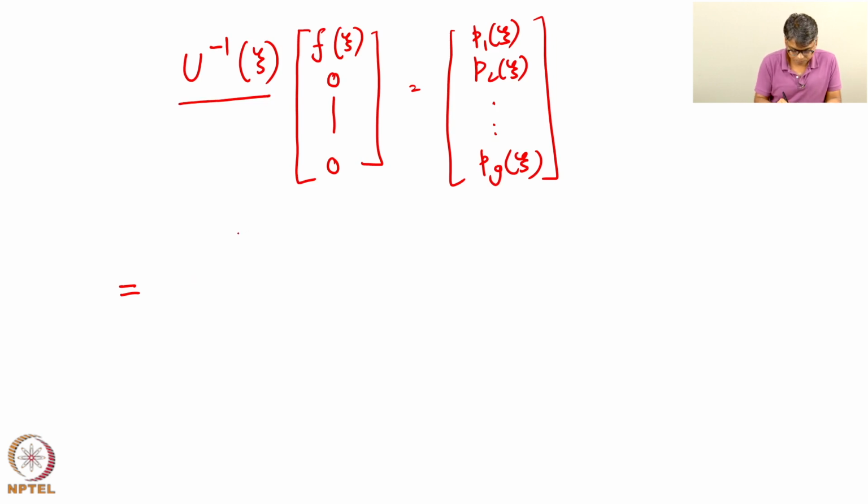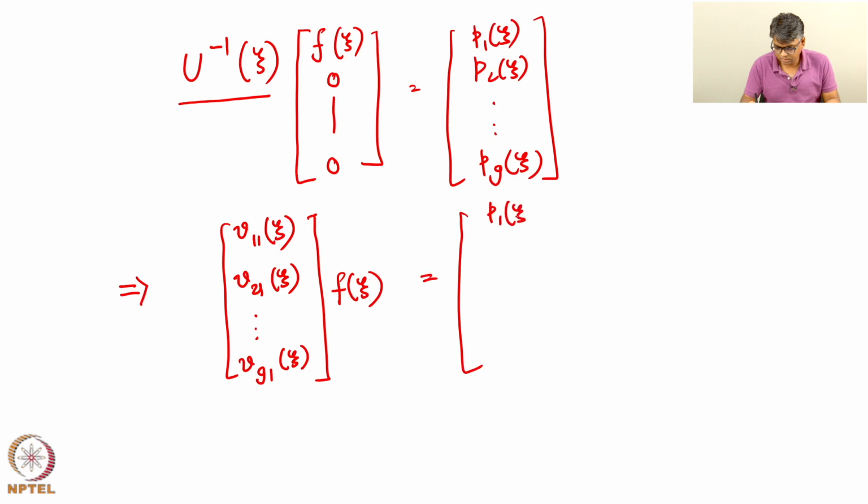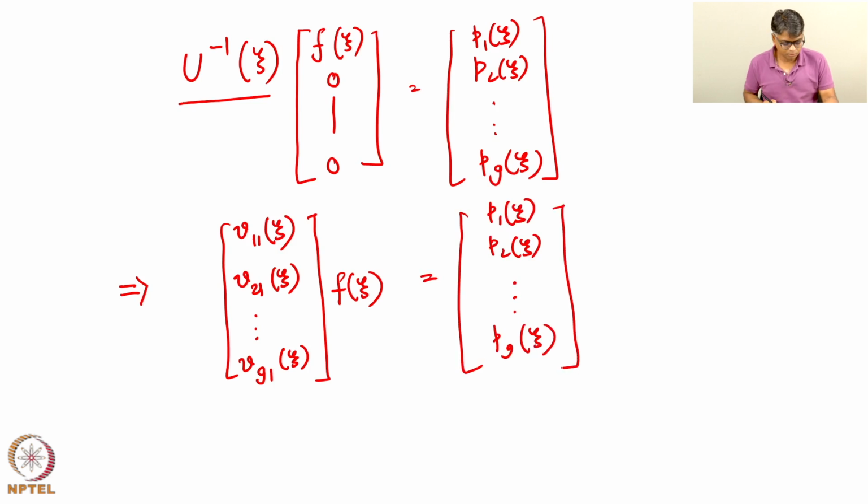So I have V11 xi, that's the 1 entry of U inverse, V21 xi, that's the 2 entry of U inverse, dot dot dot Vg1 xi, multiplying f xi must be equal to P1 xi, P2 xi, dot dot dot Pg xi. Wow. Now let us concentrate on this equation, call it 1.